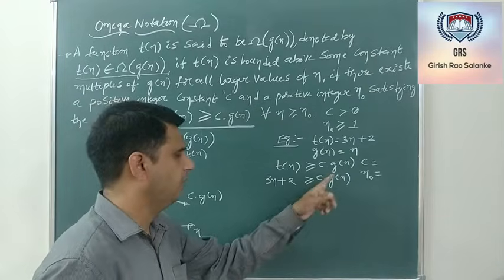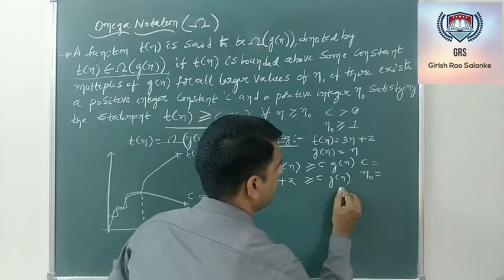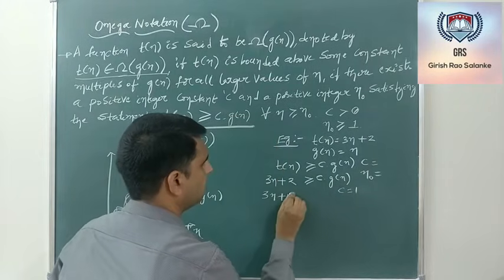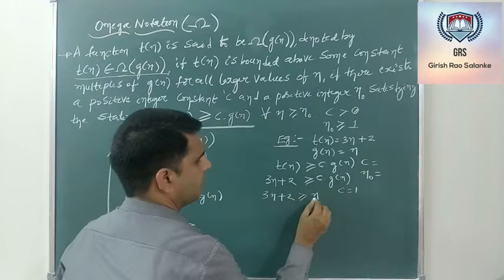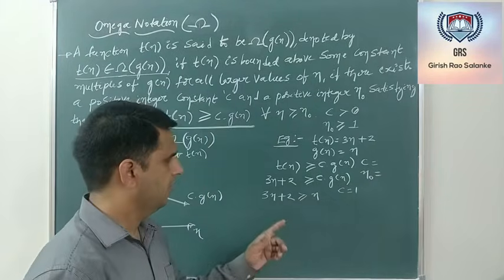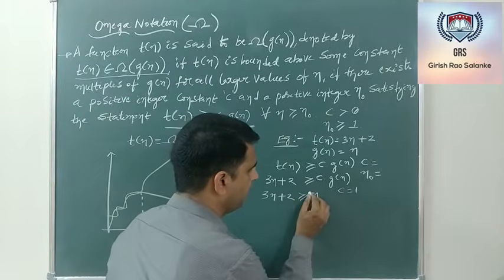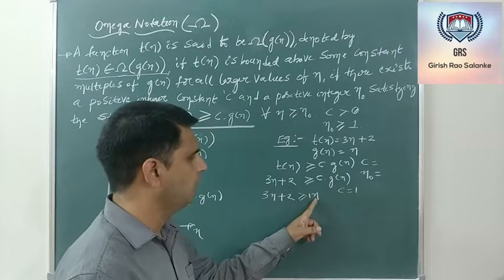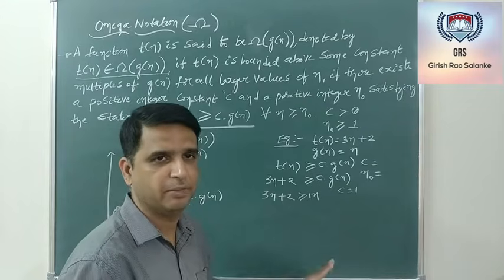Let's see what the value of c might be. First I will assume c equals 1. Then this becomes 3n plus 2 greater than or equal to n, which looks true at this moment.